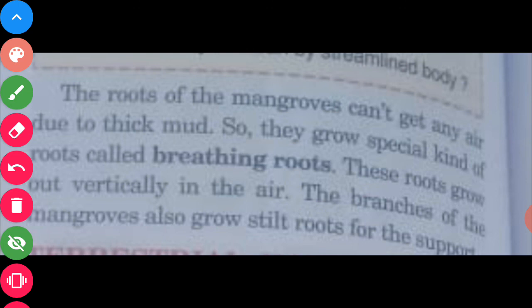Due to thick mud the mangroves cannot get any air, so they have breathing roots. These breathing roots grow vertically in the air, and the branches also grow stilt roots, which have the function of supporting the mangrove plants.